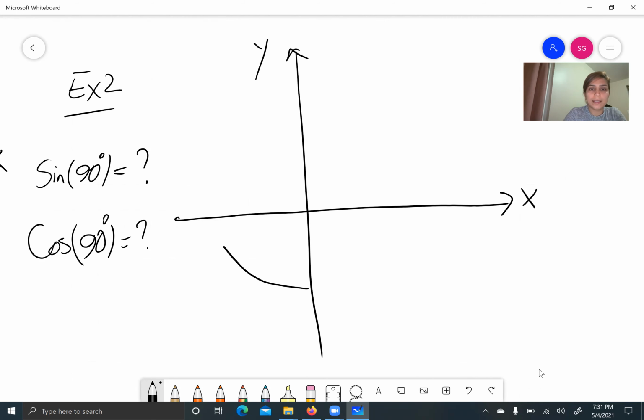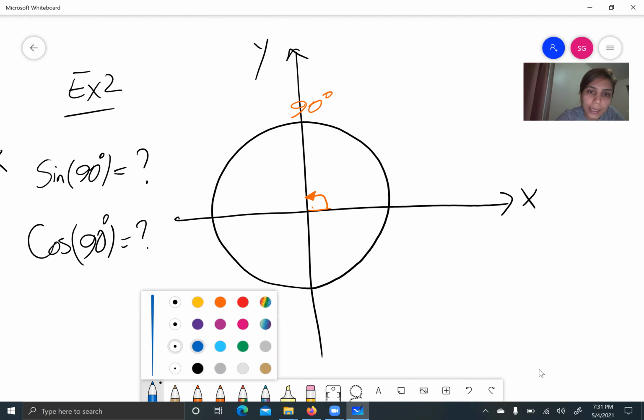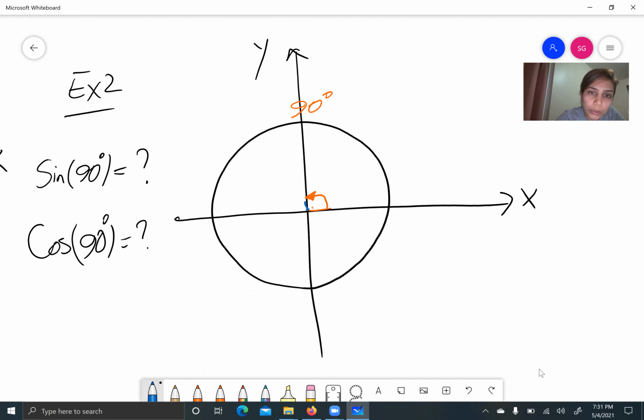So draw a circle. For 90 degrees, you start from the horizontal axis and you go up to here. That's the 90 degrees, right? So this angle corresponds to what point? What is the corresponding point on the circle? The corresponding point is right here.